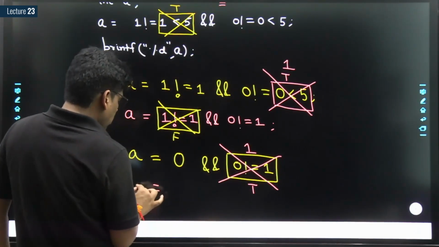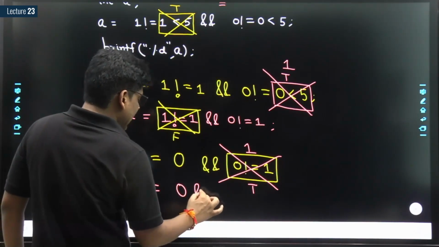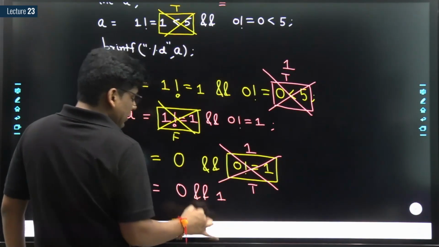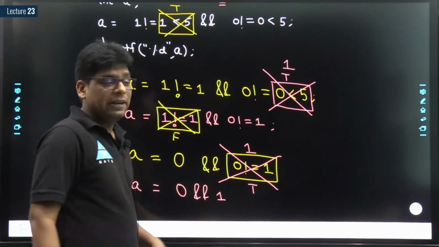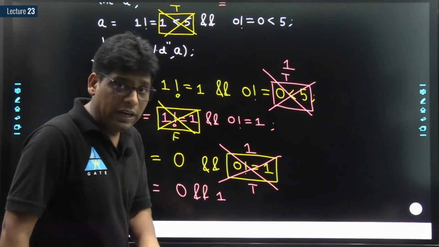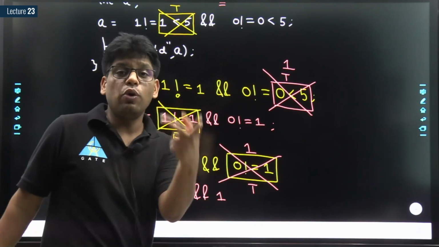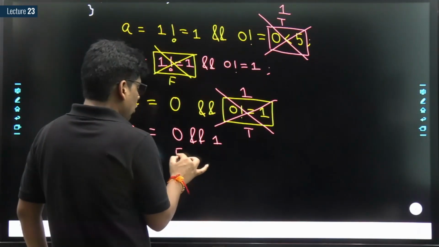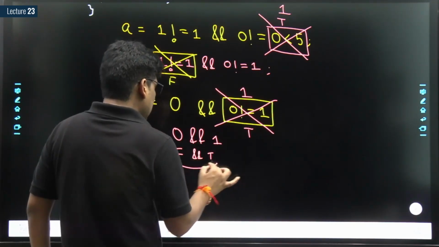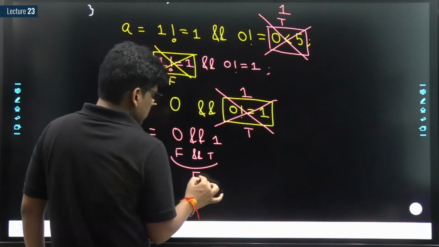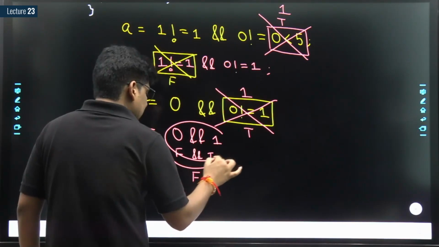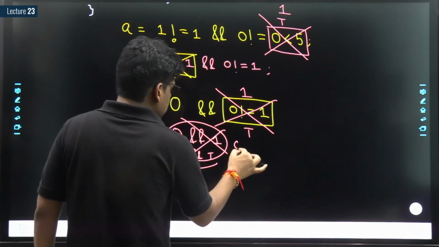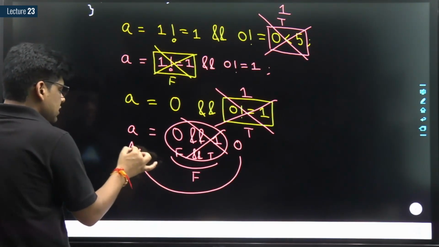So finally, what do we have? 0 and 1. Sir, AND operator. The result of AND operator is true or 1 only if both the inputs are non-zero or true. But here we have a 0. That is why false and true, the result will be false. And if it is false, this whole can be replaced by 0. So what is the value that goes inside A?